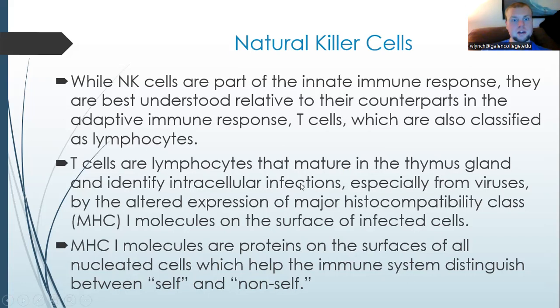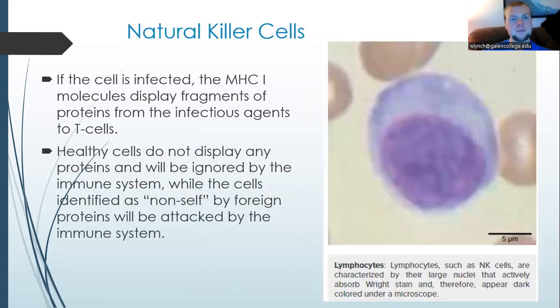They're able to identify intracellular infections. They're very good at identifying viral infections, again, because of that altered MHC complex on the surface of the infected cells. The MHC molecules are proteins that are present on the surface of the cell membrane, and they're going to help us identify self versus non-self.